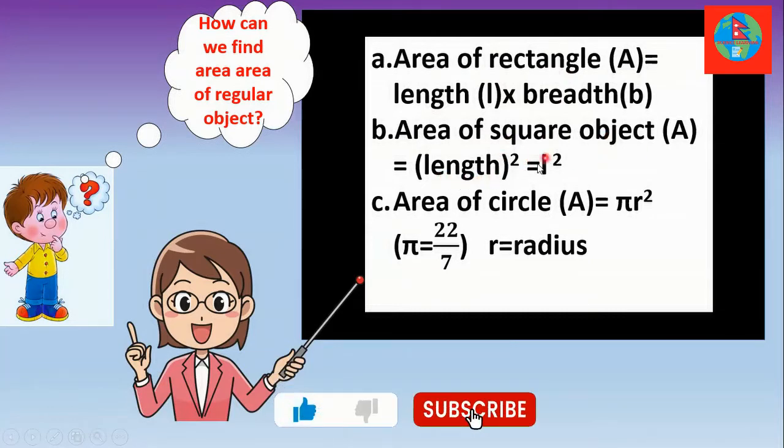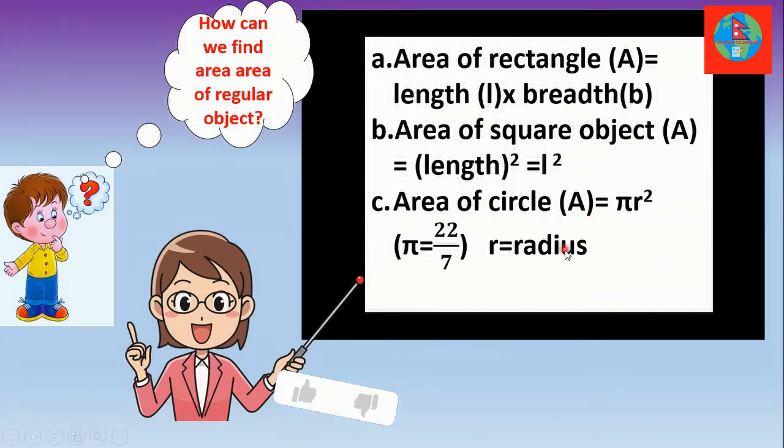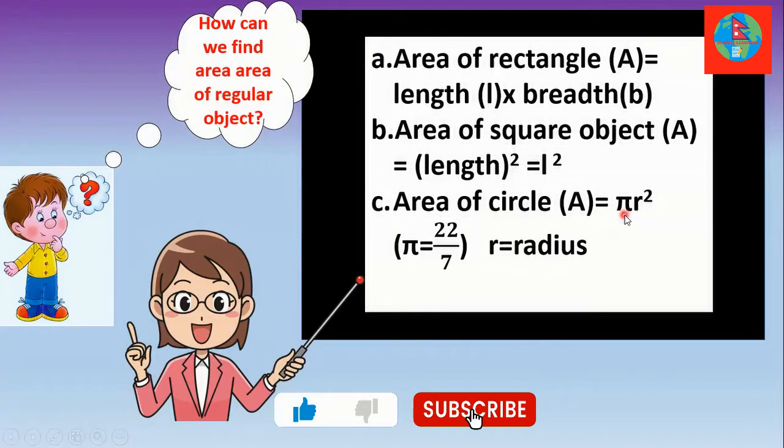Let us discuss another slide. Number 3, the area of a circle: A equals pi r square. Pi is a known value; its value is always 22 upon 7. Remember it in your mind. Here r means radius.